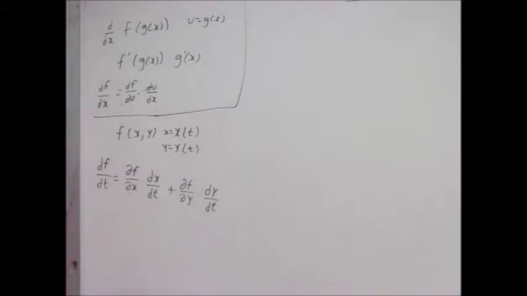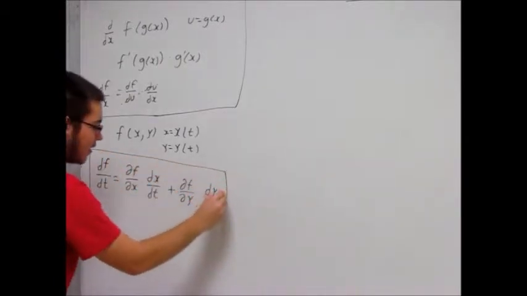Once again, you can sort of intuitively see that these cancel out somehow to give you the derivative of f with respect to t, but it's twice, so it doesn't really work this way, but there's still a kind of similarity between the two. But this is the chain rule, at least for two variables.